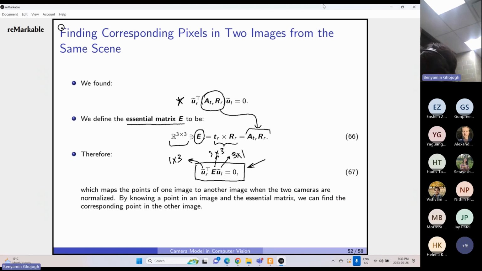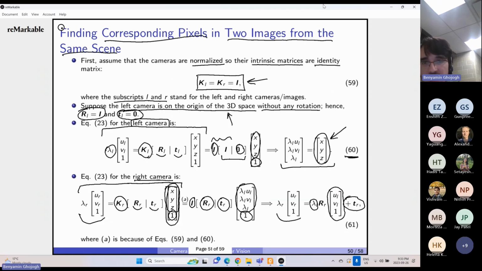It's basically mapping the pixels of the left image to the pixels of the right image, or the other way around. So it's just a translation between the pixels of the two cameras, right? But here, we assume that the cameras are normalized, as done in equation 59.